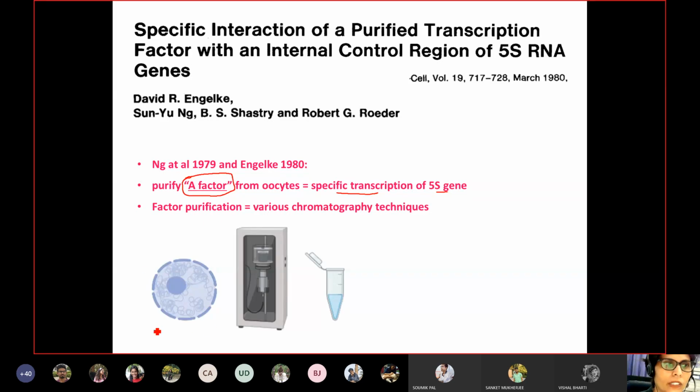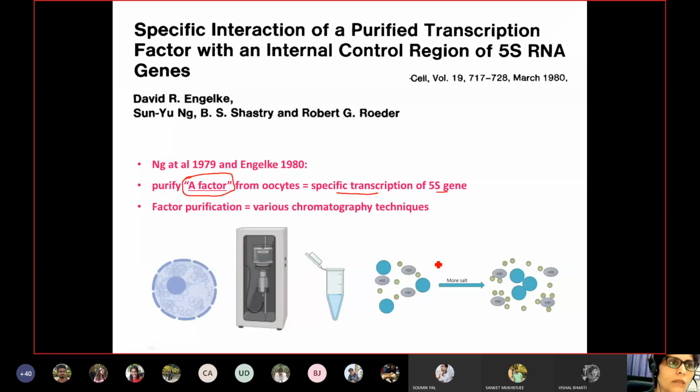So what you have here, you can imagine this is ovarian tissue which was crushed, and then extract was prepared, and this extract was subjected to initial ammonium sulfate precipitation, and the fractions of ammonium sulfate precipitation were assayed for the ability in in vitro transcription assays.